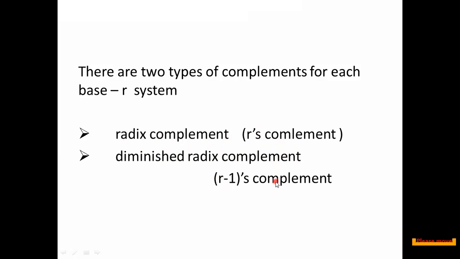So here we are using two types of complements for each base R system. Diminished radix complement will be known as R minus 1's complement.